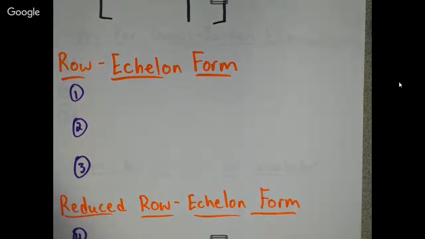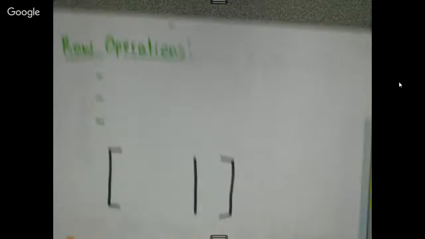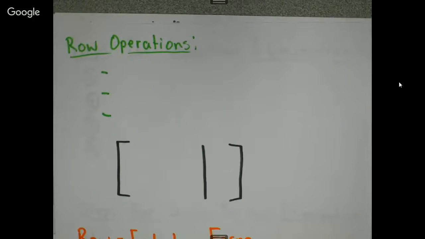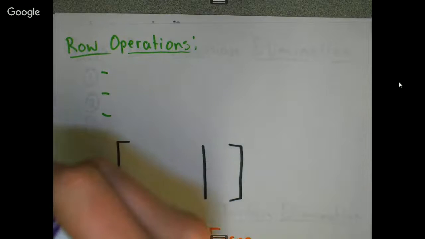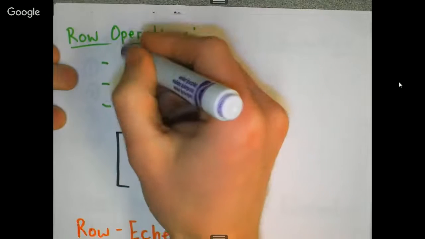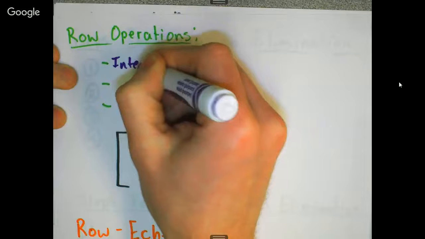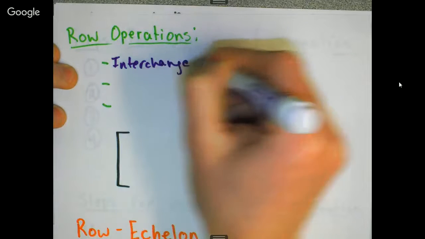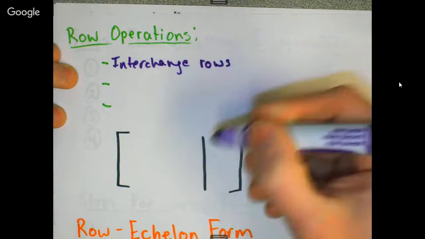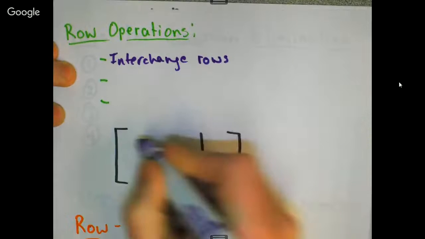Okay, so we have some row operations that we can do with these augmented matrices. So the first thing, we can interchange rows. Okay, so I can flip rows up and down.